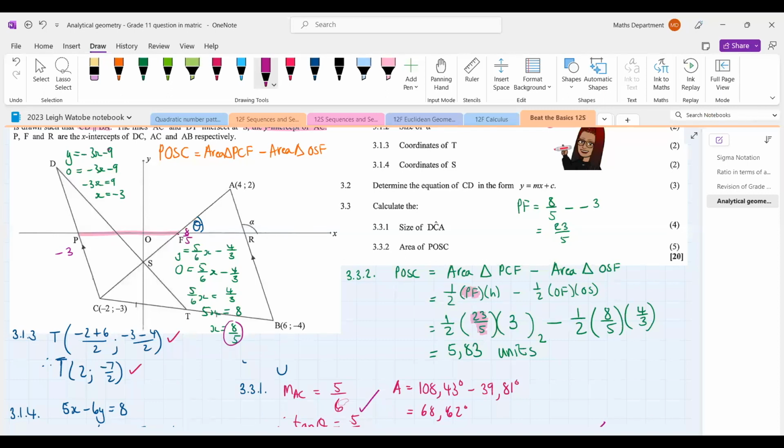So I can work out the length of PF by saying 8/5 minus -3, that gives me 23/5. So that's the length of this line over here, the base. If line PF is the base, then this line that I'm drawing in here would be the perpendicular height of triangle PCF.